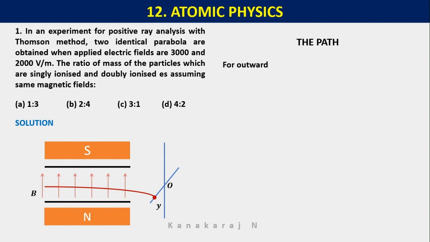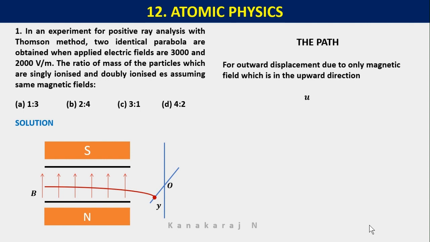Let us write. For outward displacement due to only magnetic field, which is in the upward direction, uy equals 0. The initial outward velocity is 0 and the displacement y is given by half a t square. Here the acceleration is due to magnetic force. So let us replace acceleration by magnetic force divided by mass, and the time of course replaced by L by V. So y equals 1 by 2 times BQV by m multiplied by L by V the whole square.